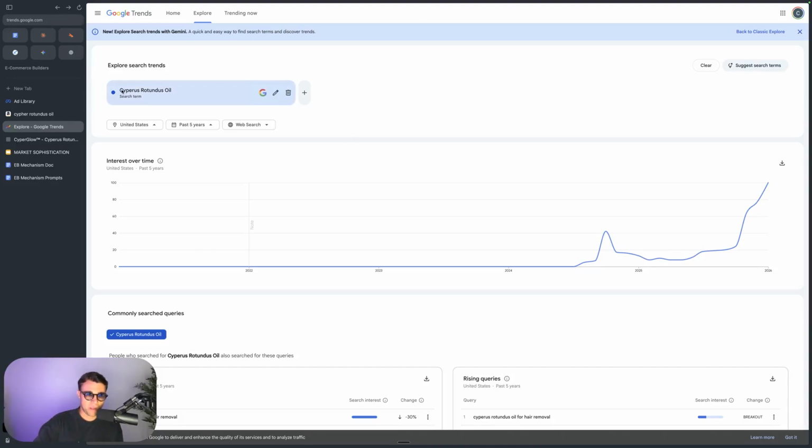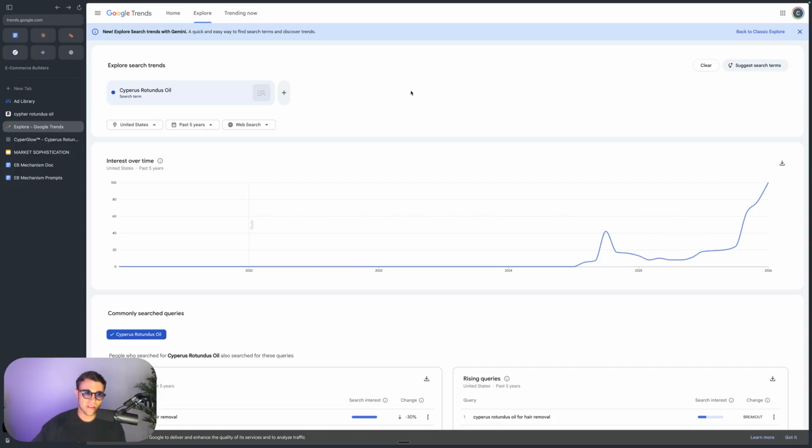Now, if we type in Cyperus rotundus oil, you can see that this is a new product. By new, it's pretty much only started trending within the last year, I would say. And you can see even in the last 6 months, this has had a massive, massive uptrend.